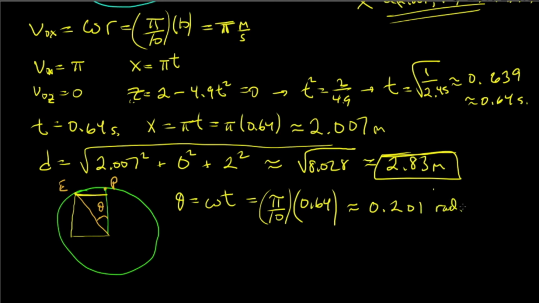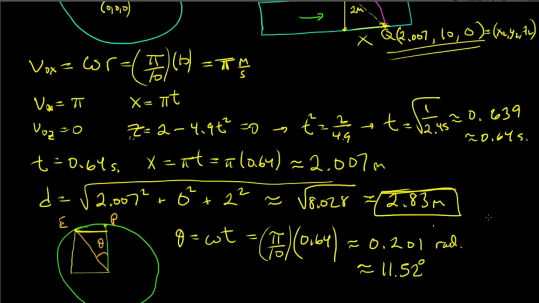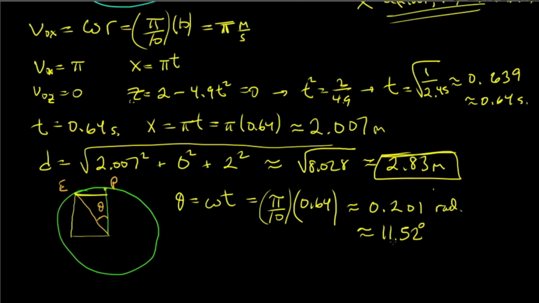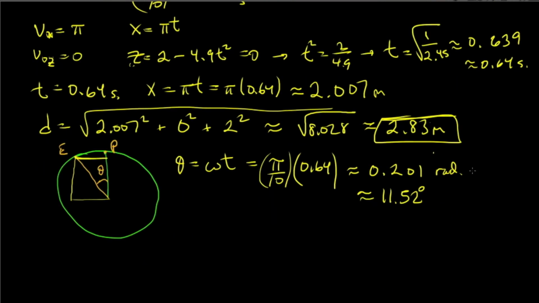Or maybe not radians. How about degrees? Divided by pi. That's 11.52 degrees. Okay. So that's how long the ball was in the air. So when it lands, Emily has moved through that angle.